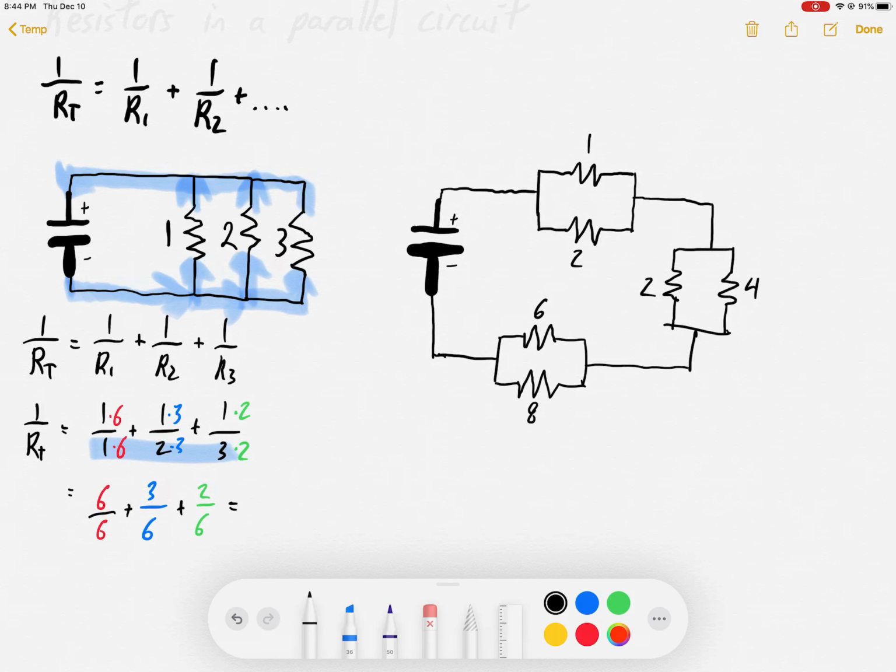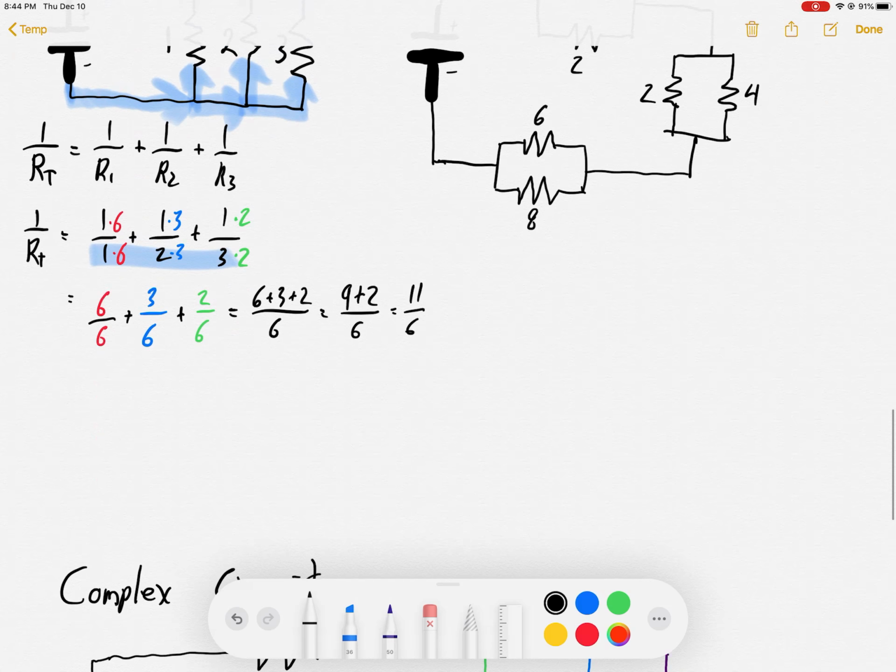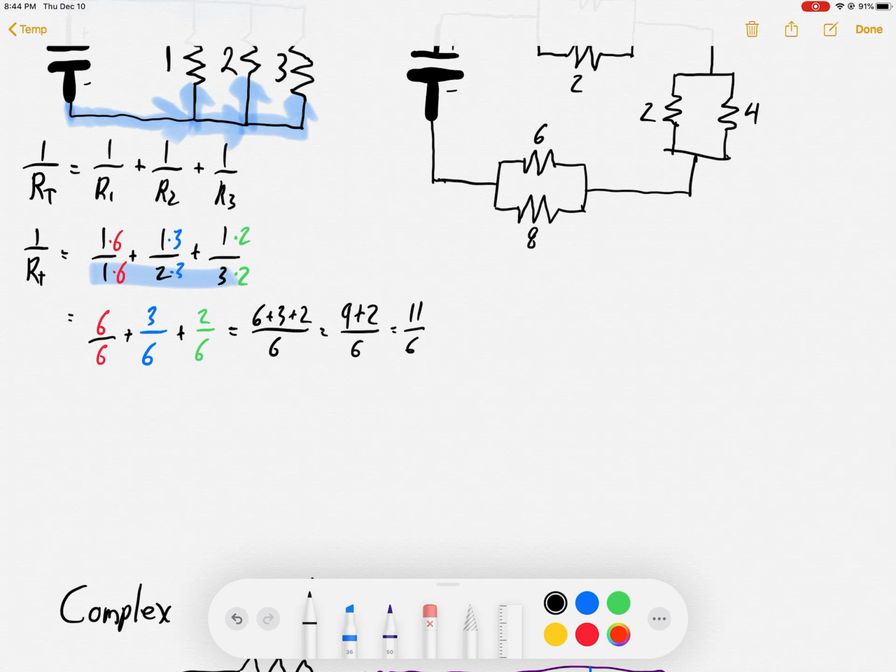And then combine your numerators. So this is 6 plus 3 plus 2 over 6. 6 plus 3 is 9. And 9 plus 2 is 11. So then this is 11 sixths. So I get 1 over RT is equal to 11 over 6.